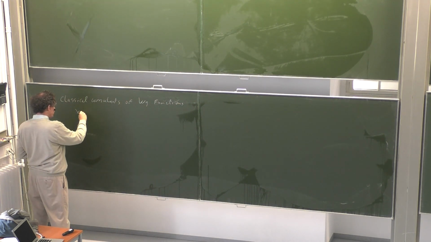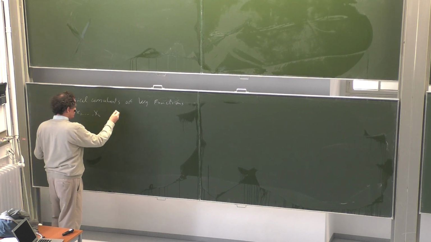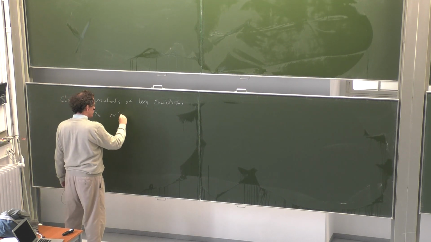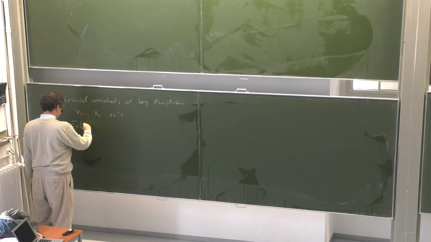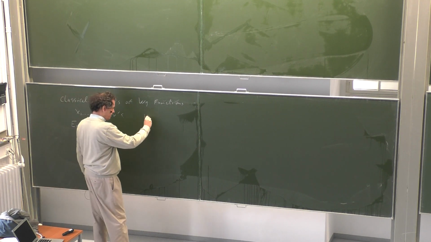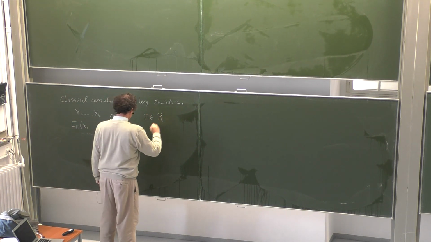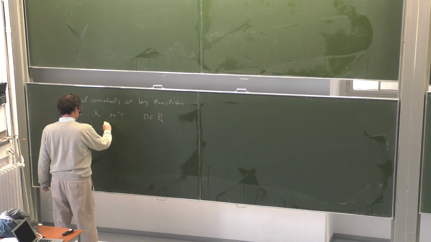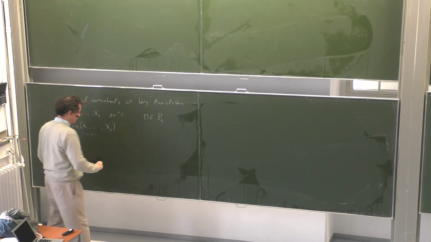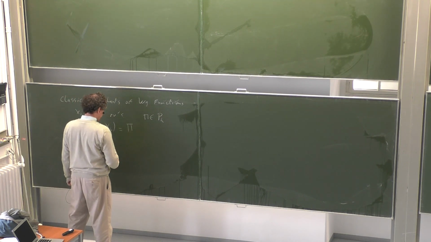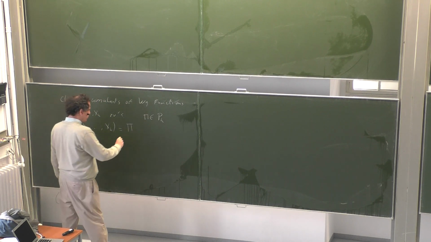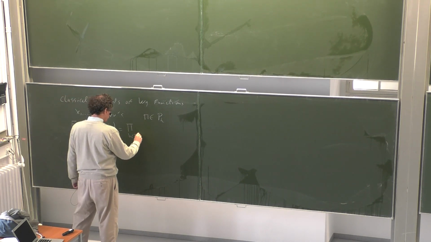So here what we do is we take x_1 to x_k, some random variables, bounded, let's say. And we use this notation E_π of x_1, ..., x_k, where π is a partition on k elements. That's the product over all the blocks of π.